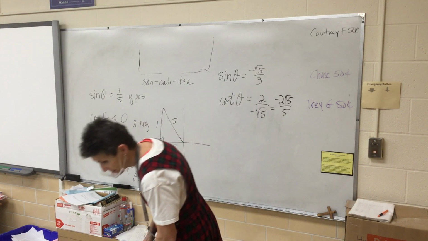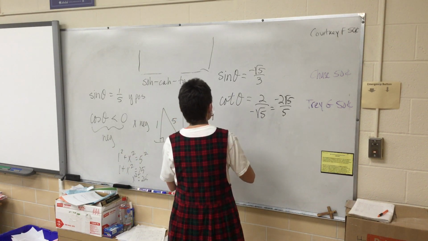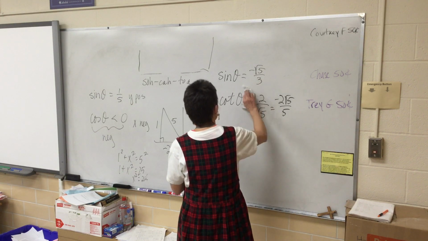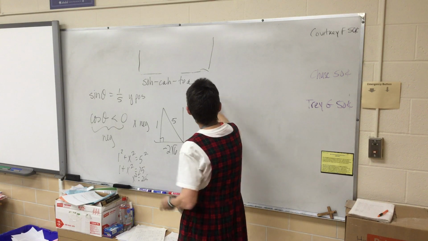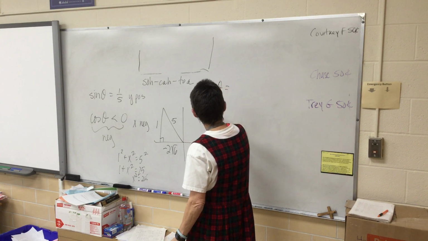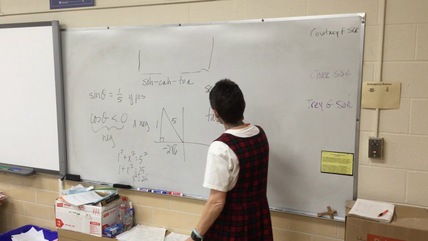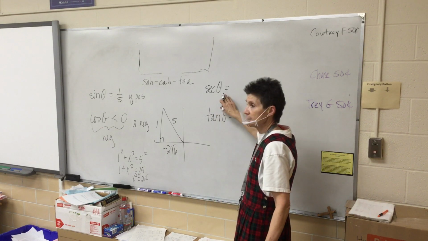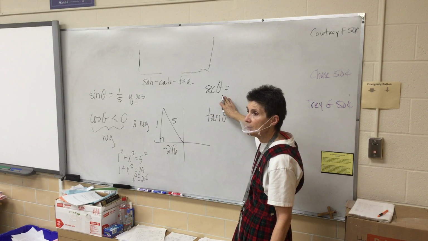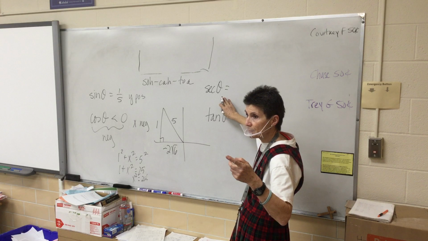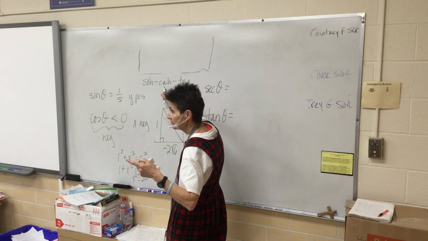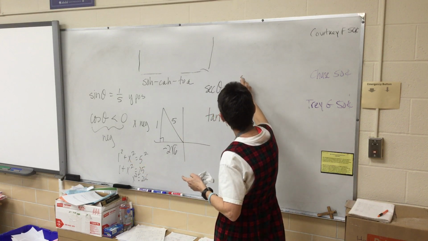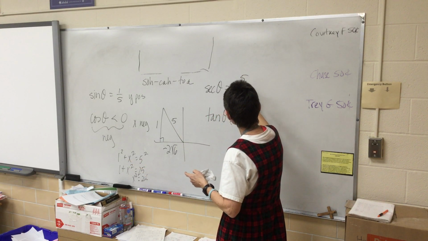And now the question is, find the secant and the tangent. Okay, secant is the reciprocal of cosine, so it will be hypotenuse over adjacent. So 5 over negative 2 root 6.